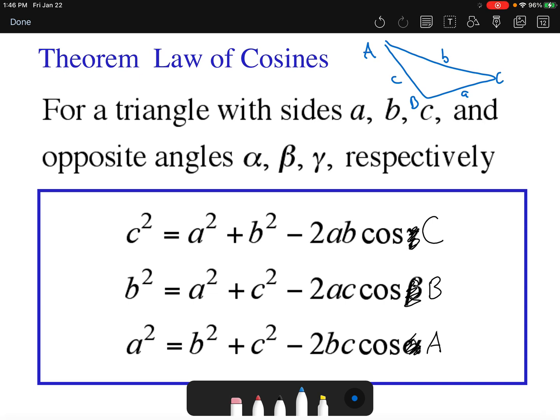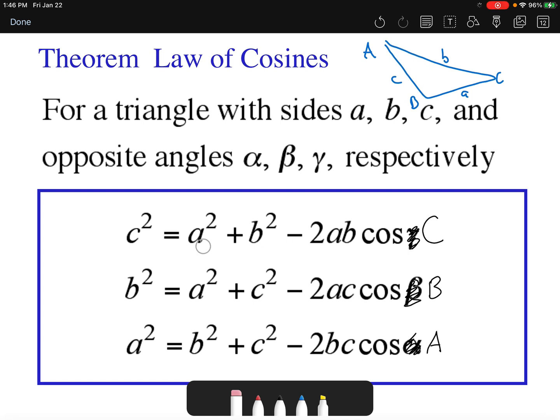So little c squared, which is the opposite side of angle C, is equal to a squared plus b squared minus 2 times ab times the cosine of angle C. The next formula is b squared equals a squared plus c squared minus 2ac cosine B. Now, when you look at those, they're the same formula. We're just interchanging our letters, okay?